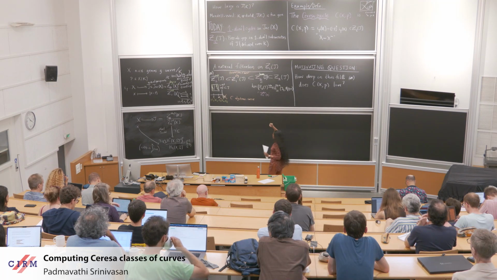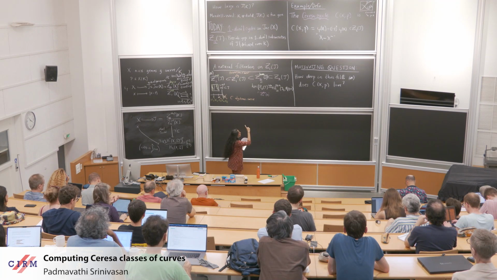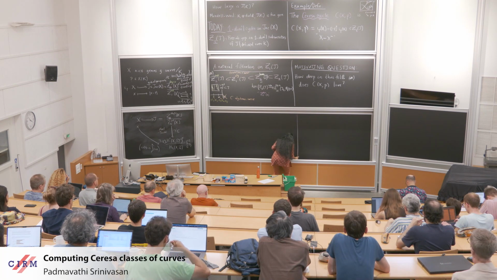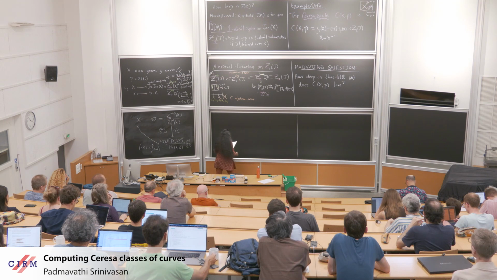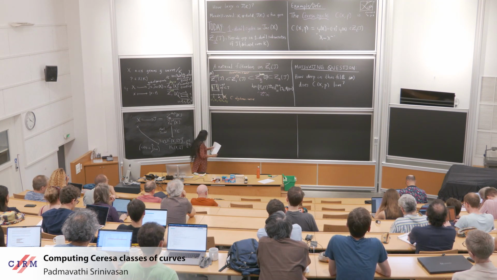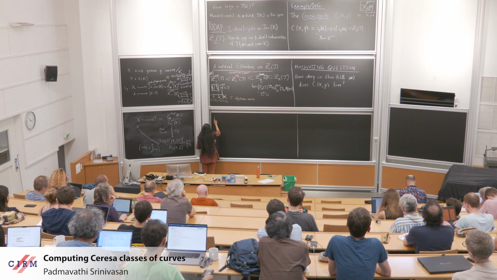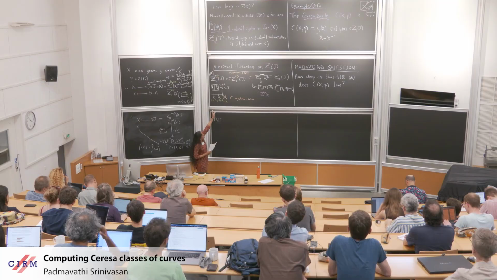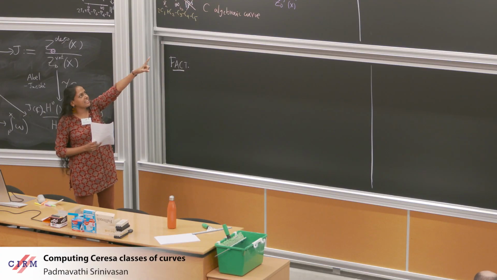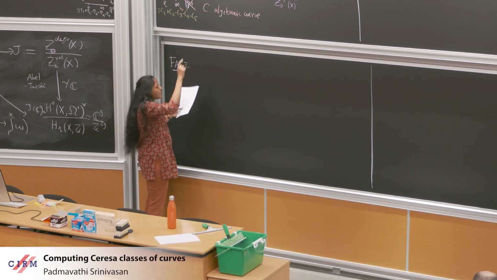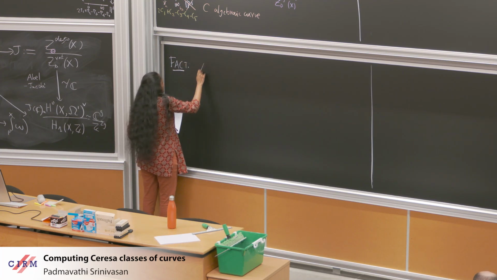Actually, there's a reason I took the difference of x and x minus, and not x plus x plus. Here's a fact: taking the difference makes the Ceresa cycle homologically trivial.